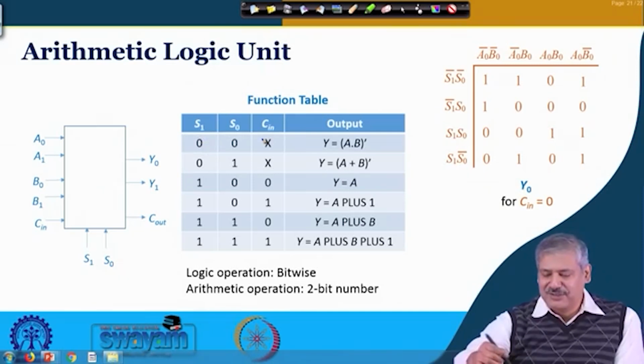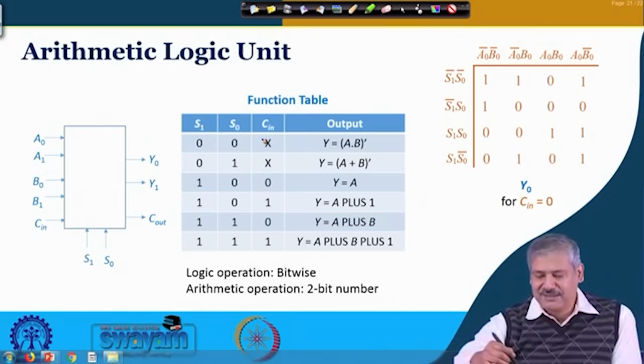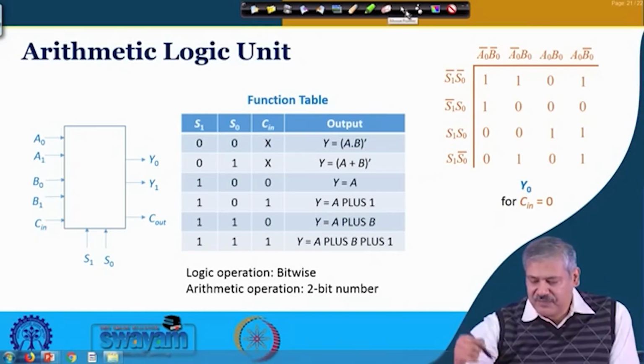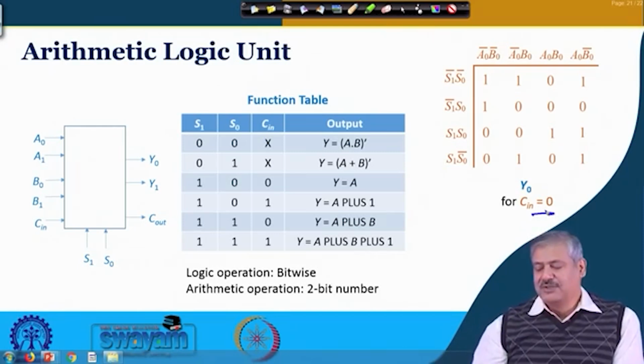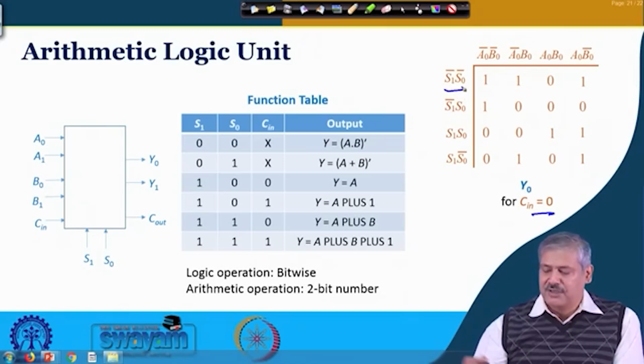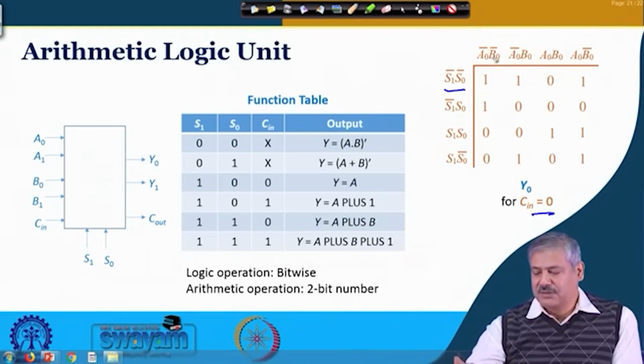So, to make it understandable here, if C in is 0, at that time for these options S1, S0 are 0, 0. So, when A0, B0 both are 0, this is NAND.